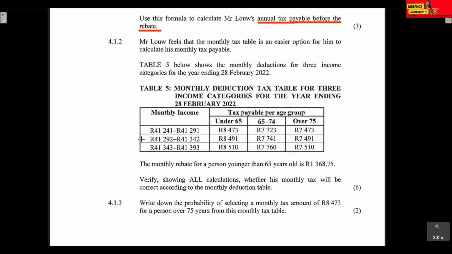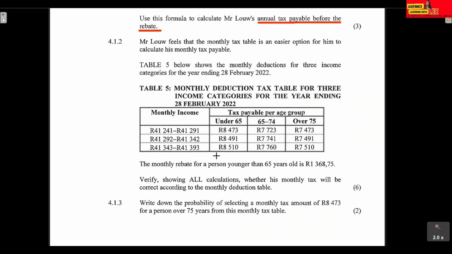The second one is if your monthly income is 41,292 to 41,342. Okay, the third monthly income category is if you get a monthly income or a salary of 41,343 to 41,393. Okay, then we're given the tax payable per age group. How much tax do you have to pay?